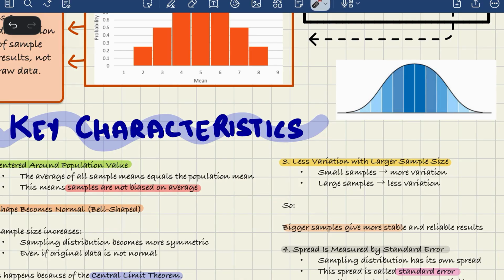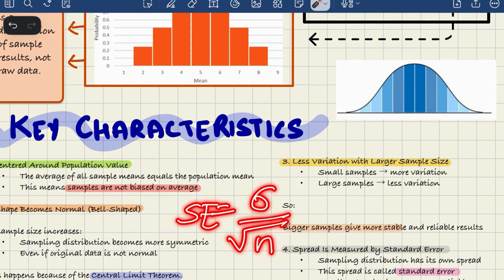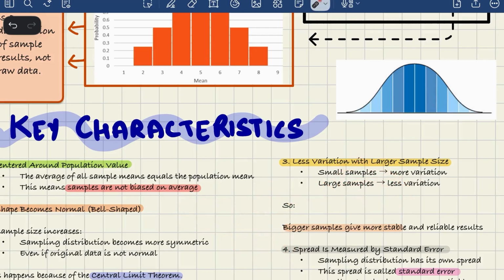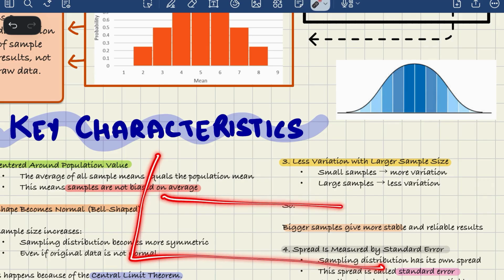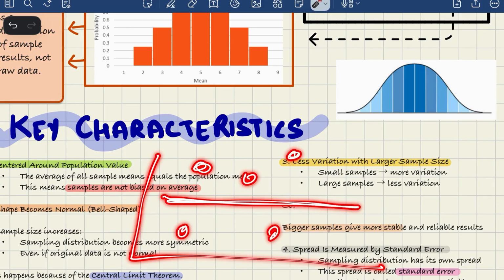It is calculated as standard error equals standard deviation divided by the square root of the number of values, where n is the sample size and SD is the standard deviation. So what is standard deviation? For example, there is an average, this line is the mean, and if we visualize the points, these are for example the points.